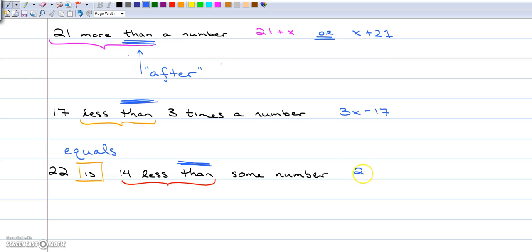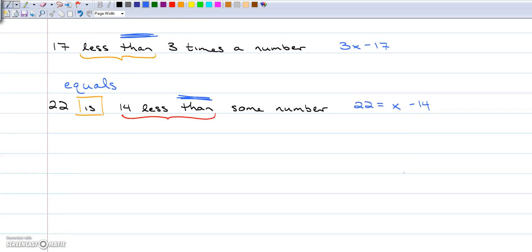It should say 22 equals 14 less than some number, which is absolutely solvable. So looking at these things with one single variable, it should be a little bit easier for you to remember that than means after. So what are some of the other words to look out for?